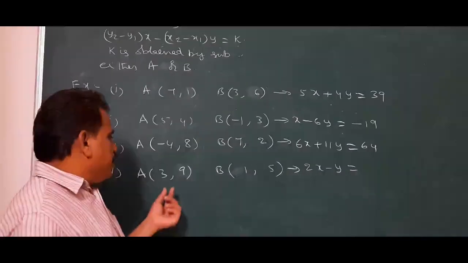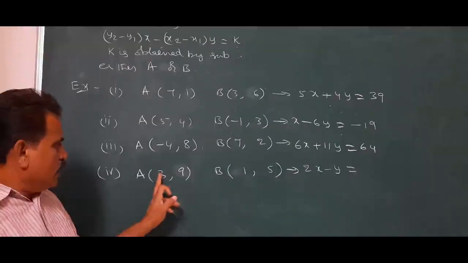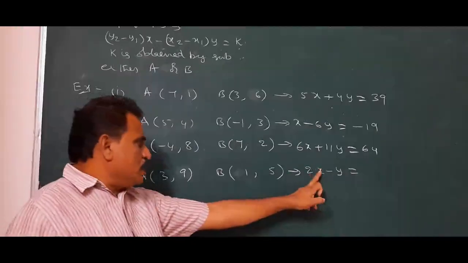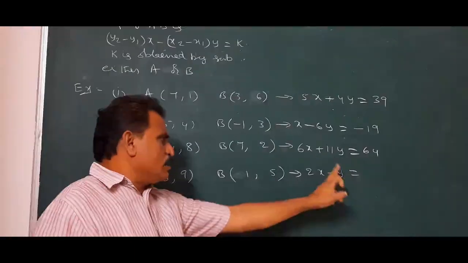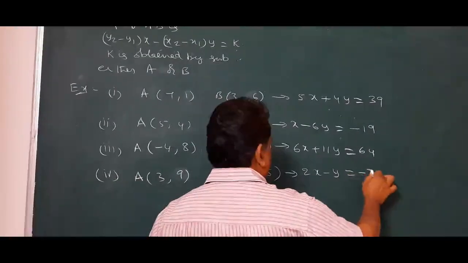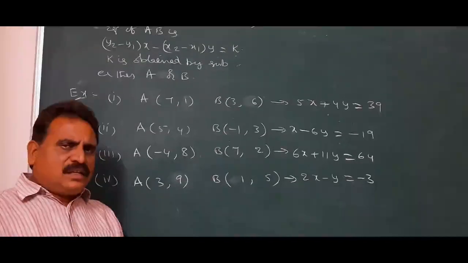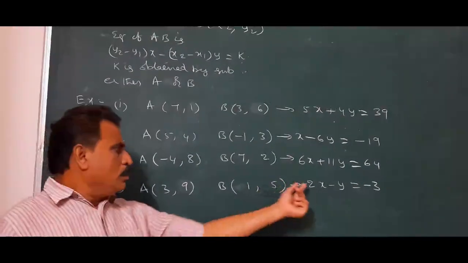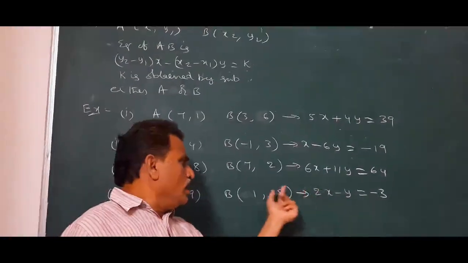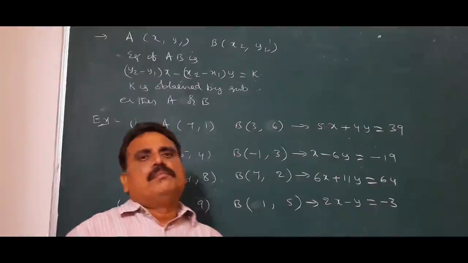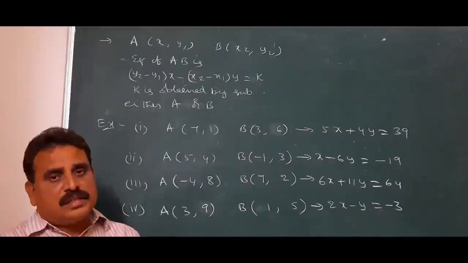Substitute the point (3, 9): x is 3, y is 9, 2 into 3 is 6 minus 9, 6 minus 9 is -3. Or, if you substitute B, check whether it is correct or not: 2 into 1 is 2 minus 5, 2 minus 5 is -3. We get the same constant.